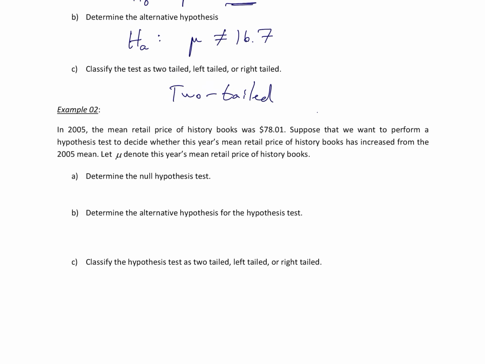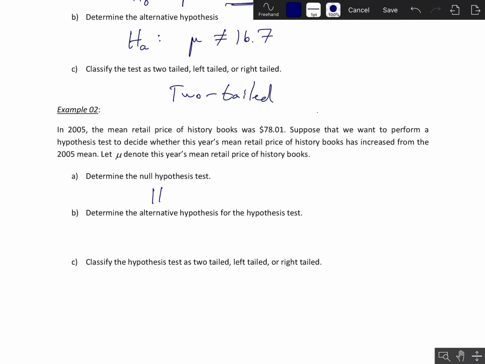Similarly, in example 2, we have that the mean retail price of history books was $76.01, and we want to perform a hypothesis test to determine whether this year's mean has increased from the 2005 mean. And again, mu is going to denote this mean that we're interested in. The null hypothesis is just going to be the boring one, that the mean that we're interested in is exactly equal to the stated mean of 78.01.